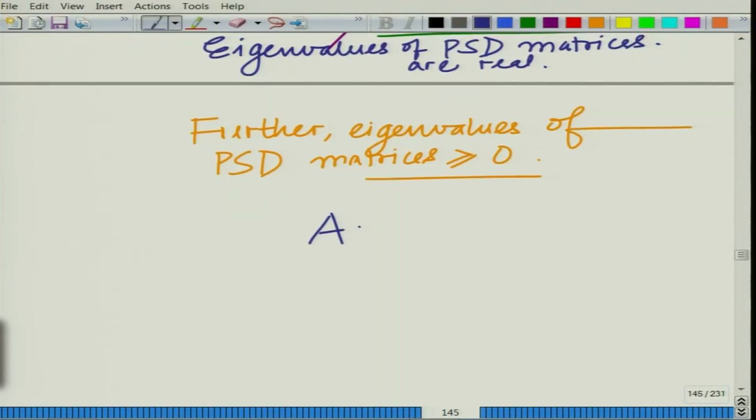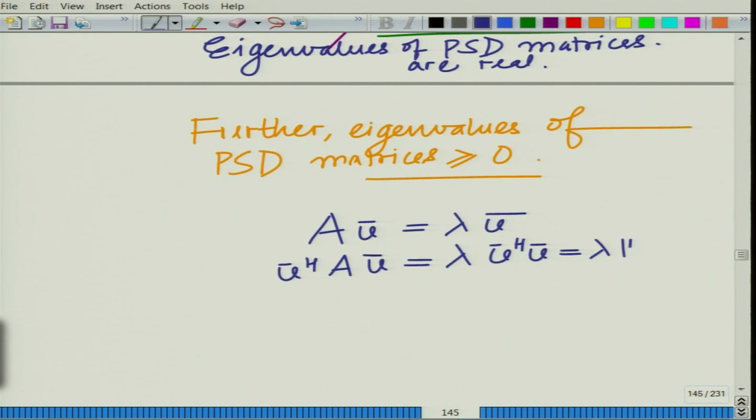We have matrix A, eigenvector u bar, A u bar equals lambda times u bar. So u bar Hermitian A u bar equals lambda u bar Hermitian u bar equal to lambda norm u bar square.